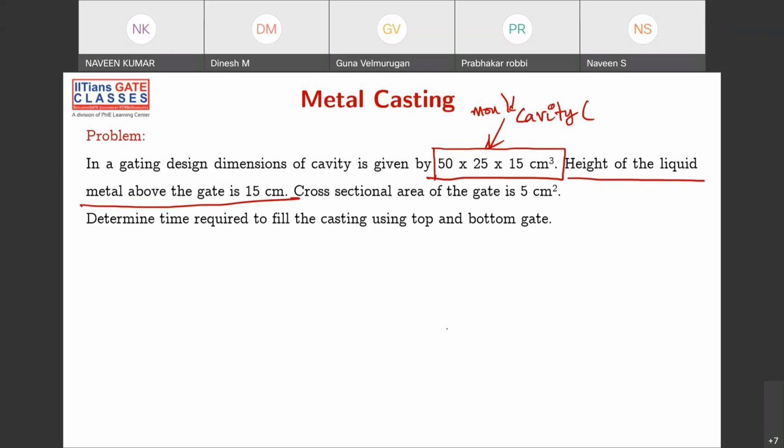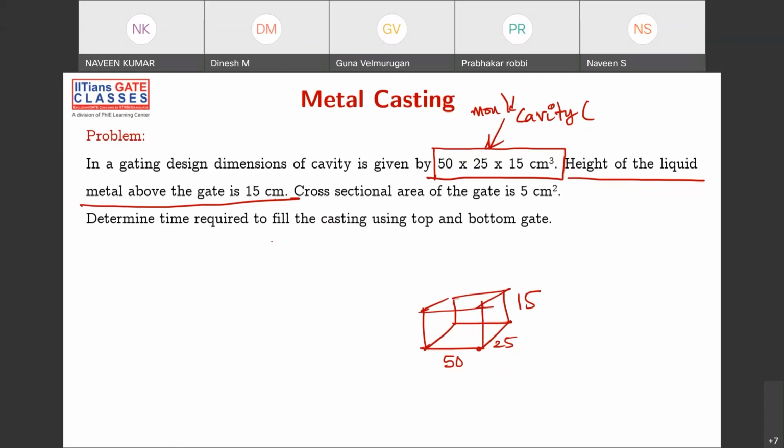They said 50 cross 25 is the bottom. This is, let's say, 50, and this is 25. And the mold height is maybe this much, maybe 15 centimeters. And they are saying that the height of the liquid above the gate is 15 centimeters. Yes, it is HT, Prabhakar, you are right.